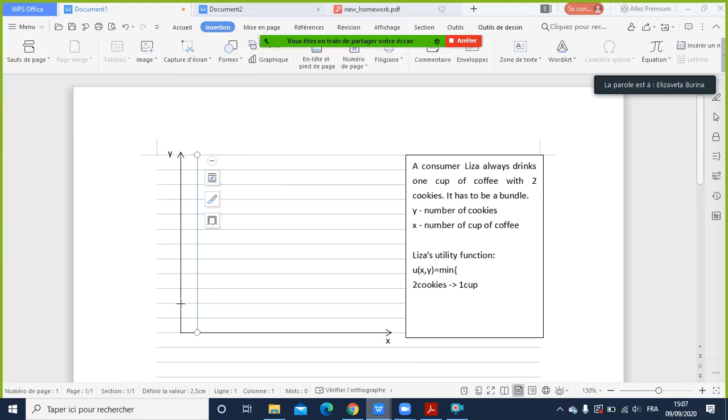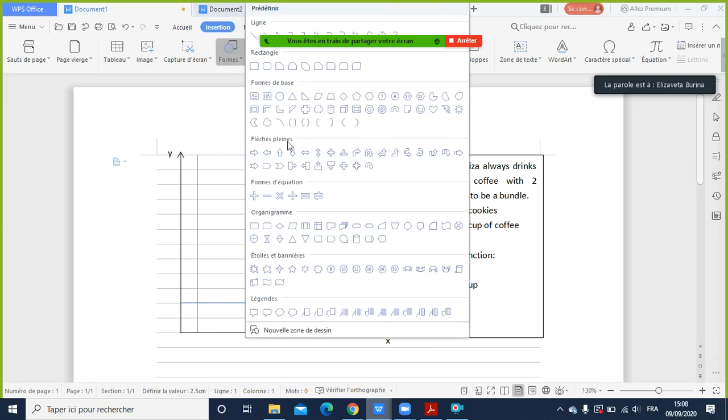Why am I doing it like that right now? Because I just want to understand what is the minimal number of items that I need to get at least to enjoy 1 cup of coffee. Well, that's gonna be our dot. So this is our dot.